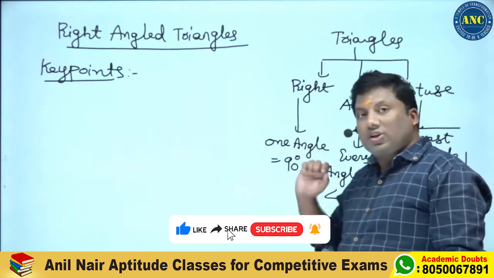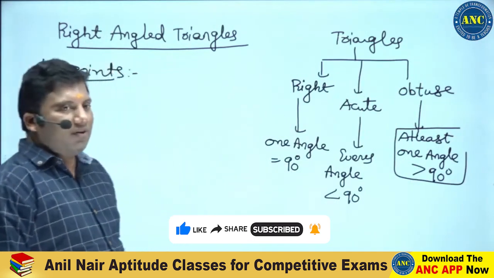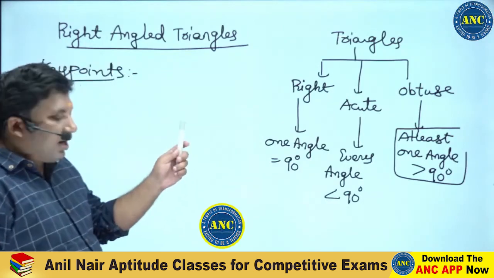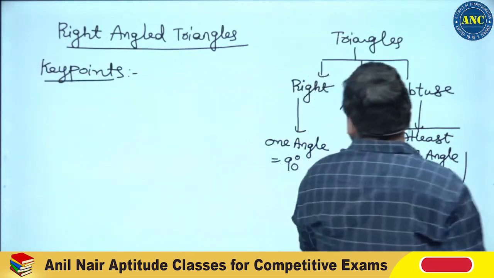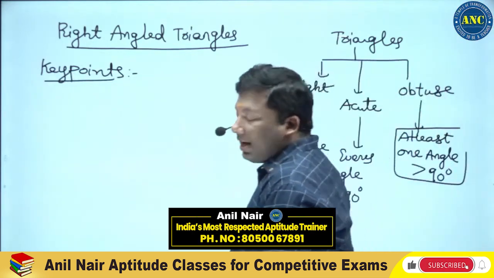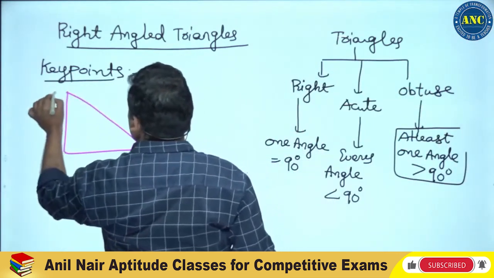Now we will focus on right angled triangle. Once the right angled triangle is over, then we will get into acute angled triangle as well as obtuse angled triangle. Very, very important class it is. A right angled triangle is a triangle in which one angle is 90 degrees.